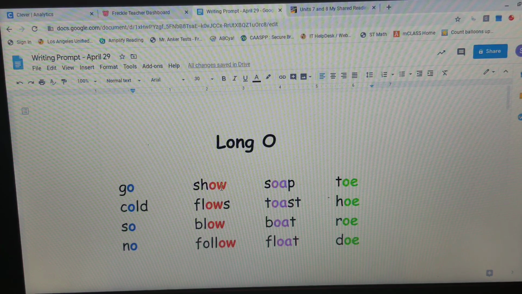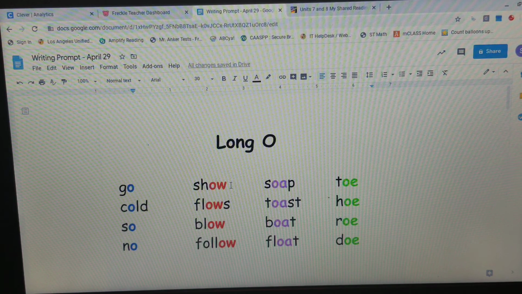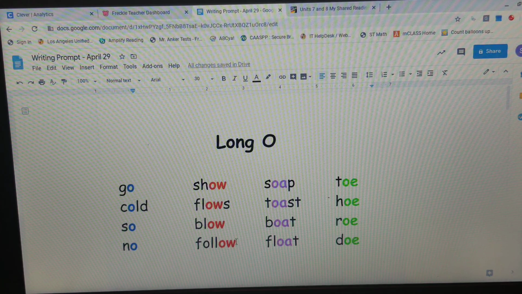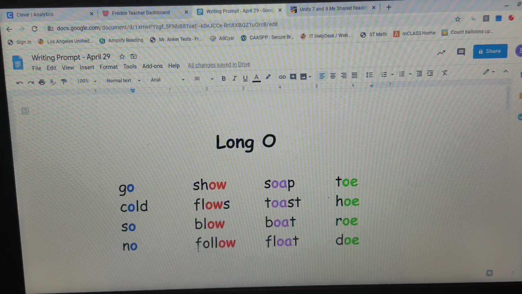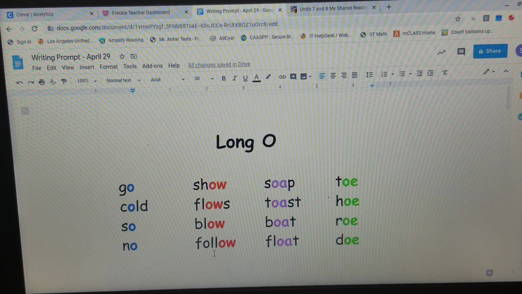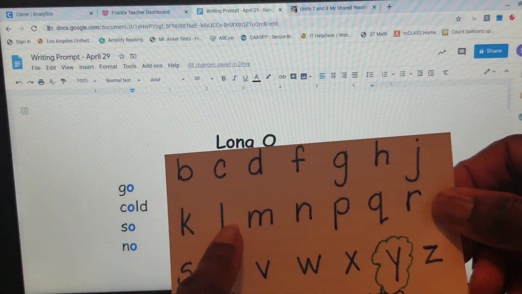OW says O, so let's read these words going down the column. Show, flows, blow, and our word follow. Remember, this was an extra word also. And we talked about how this word has double consonants. Remember, consonants are letters that are not vowels. So L is a consonant.